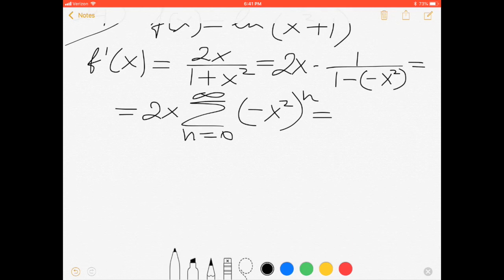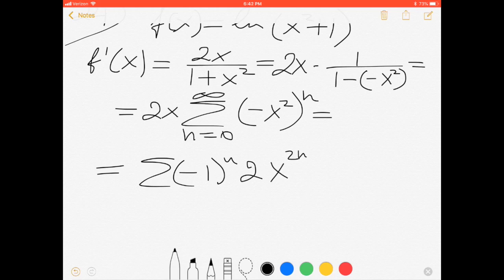It gives me the sum of negative 1 to the power n times 2 times x to the power 2n plus 1, from 0 to infinity. This is the derivative of my function.